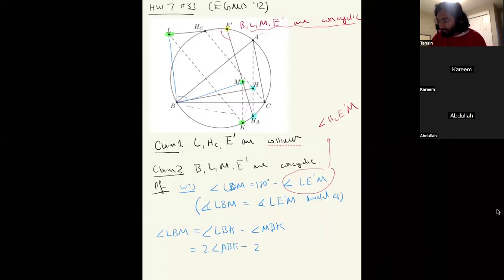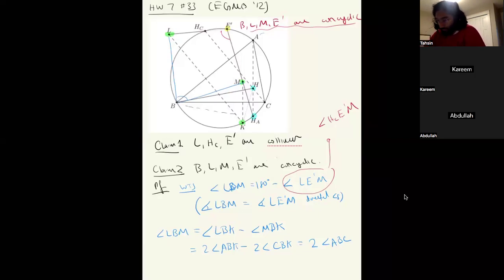So LBK is twice ABK and MBK is twice CBK. And so that becomes twice of ABK minus CBK, which is twice ABC. Okay. Does this calculation make sense? Yeah. Okay, so I've just used the reflection property here.